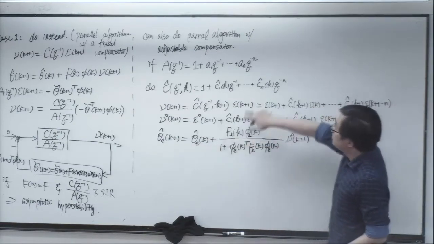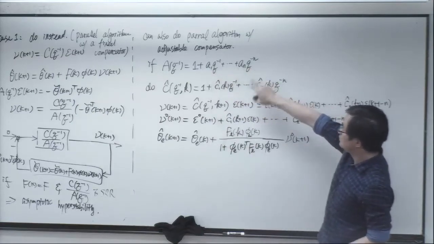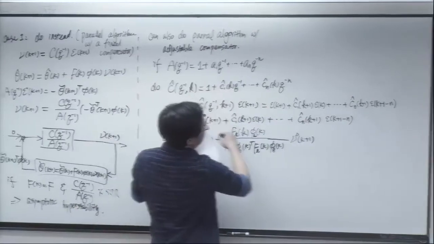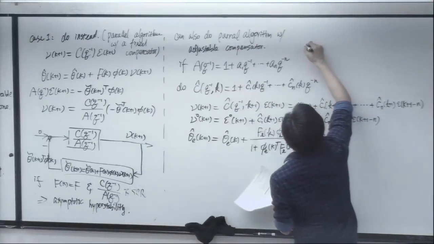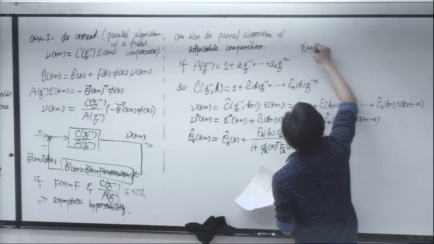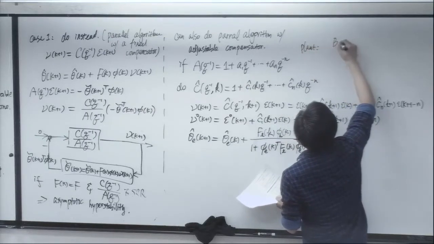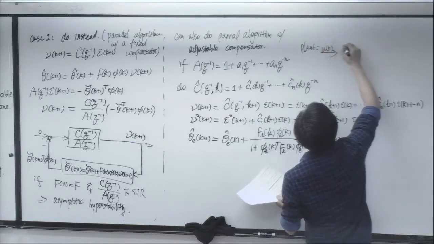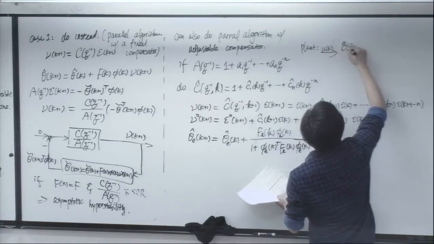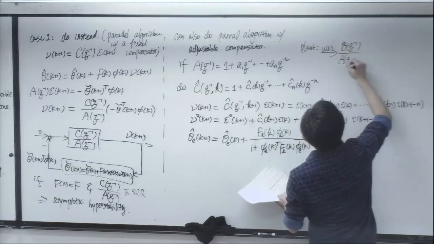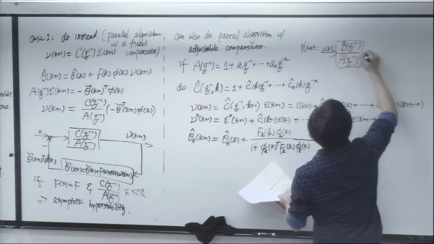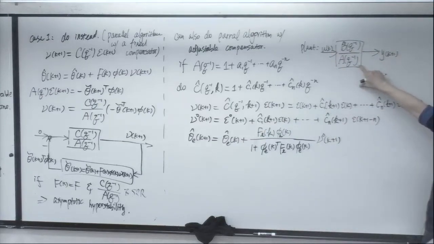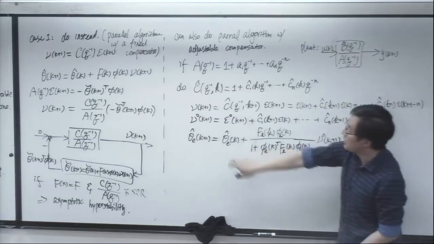In this scenario, both A and B, whatever appears in the coefficients of the plant, they should be included in theta.